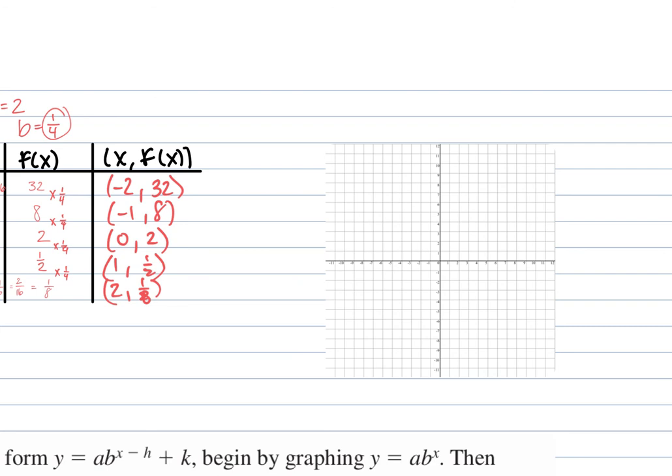Negative 1, 8, we can put it right here. 0, 2, we can put right here. 1 and 1/2, and then 2 and 1/8. Domain? All real numbers. Range? Y needs to be bigger than 0.